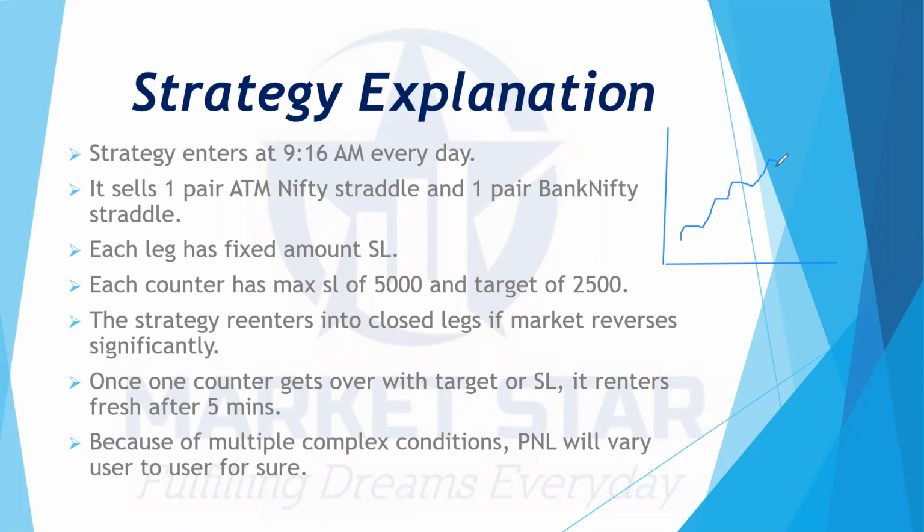These small reversals are okay, they are expected in a positive trend. But suppose the market starts falling like this, a huge amount of fall. In other strategies we take a straight forward loss, because we have already cut the calls, so if the market comes down, our loss is straight forward.